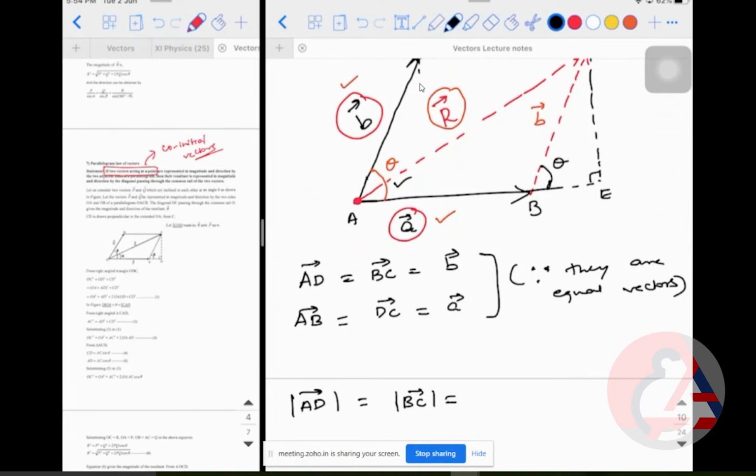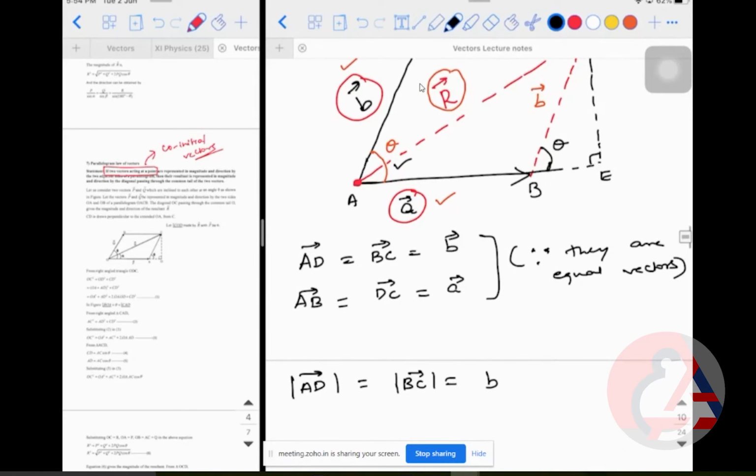Magnitude of AD vector is equal to magnitude of BC vector, I can call it B. Am I right? Yes, sir. Okay. Similarly, magnitude of AB vector will be equal to magnitude of DC vector, which is A.